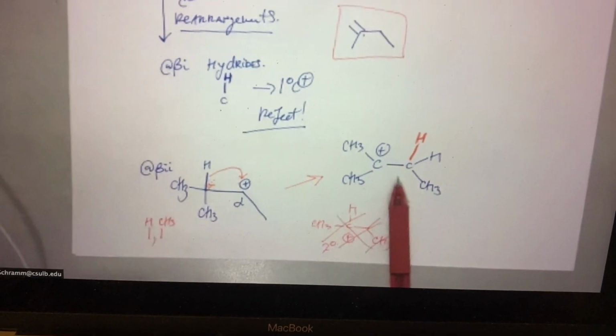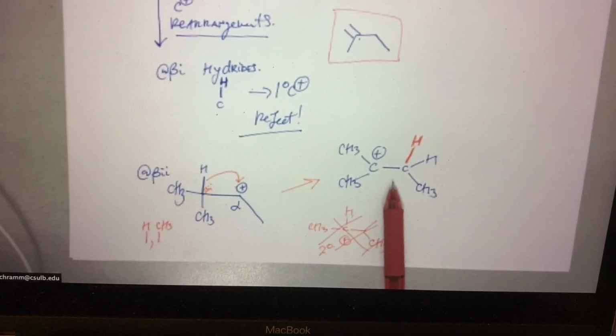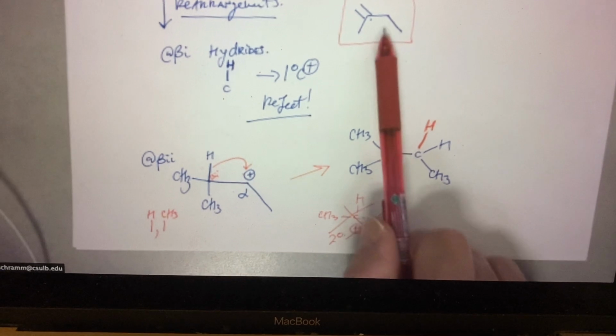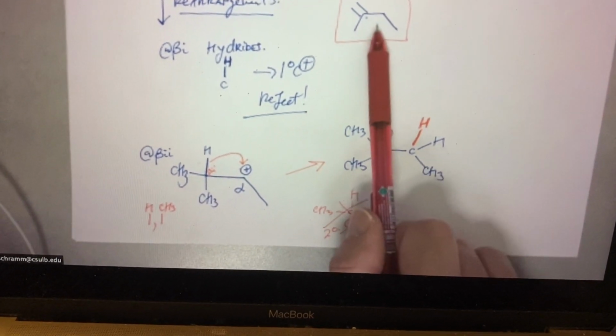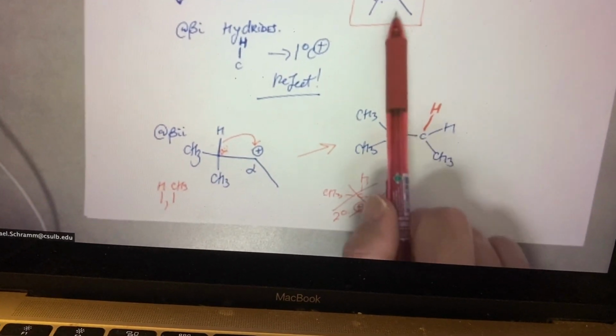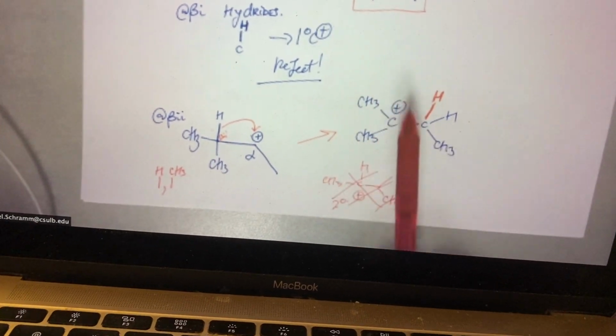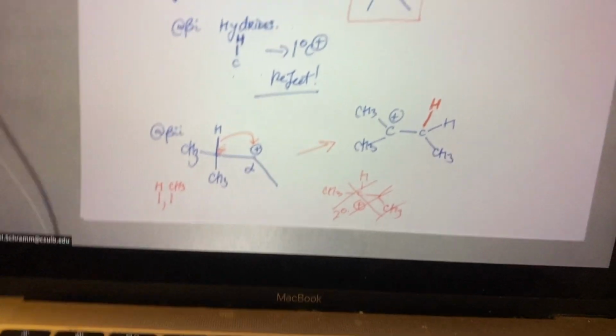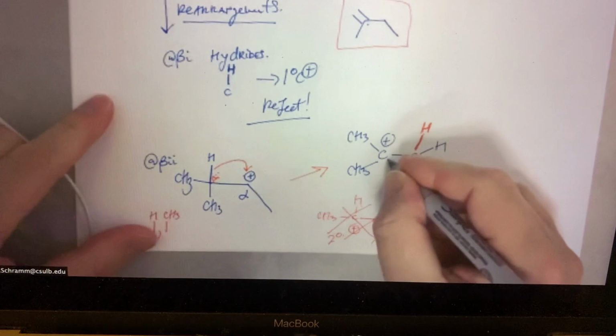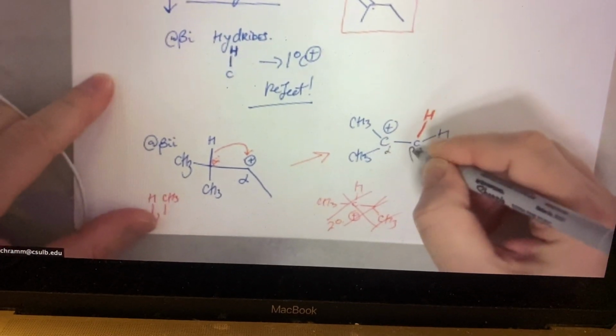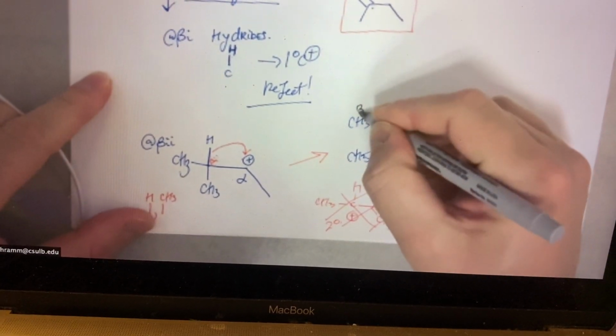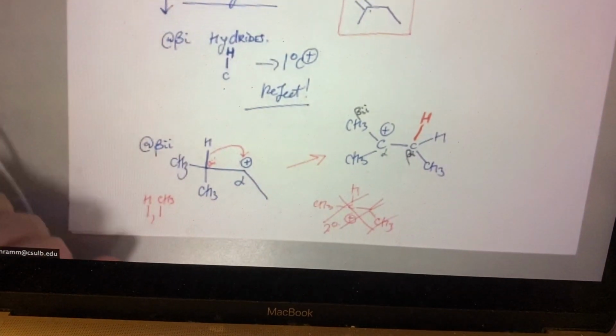Now if we look at this carbocation, is there an easy way that we could explain the formation of this product? How do we explain the formation of this product from this tertiary carbocation? We have alpha, we have a hydrogen at beta 1, and we have hydrogens at beta 2.